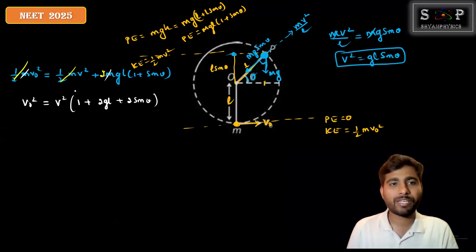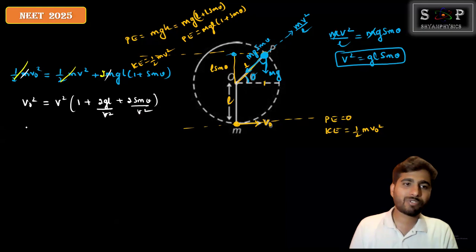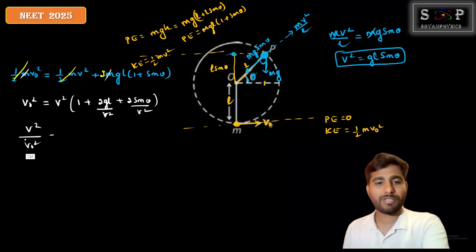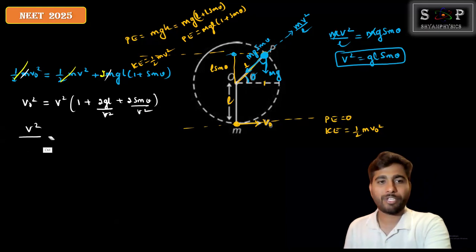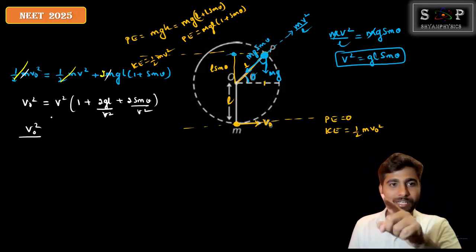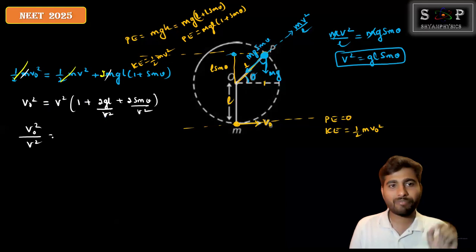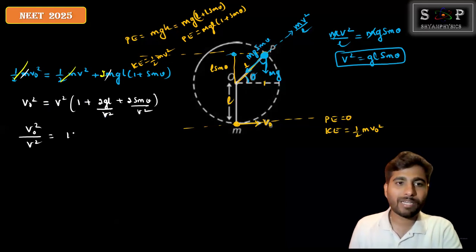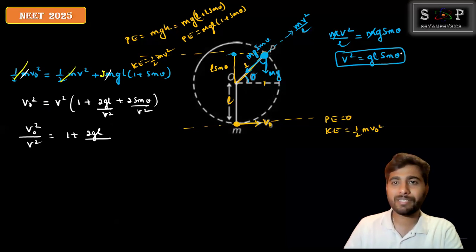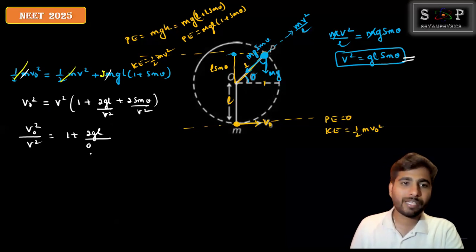Now, one more thing. Here, v square you took common means it should be divided by v square, right? So v square by v naught square. In numerator, it is v naught square. Left hand side will be equal to 1 plus 2gL divided by v square, where v square is gL sin theta.